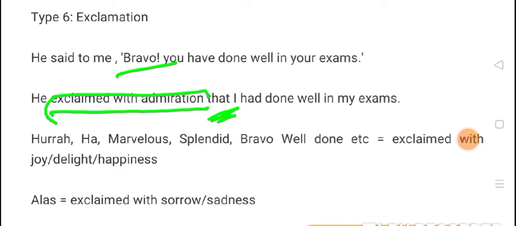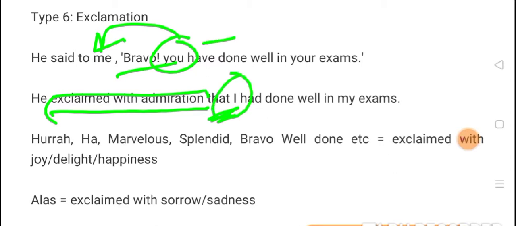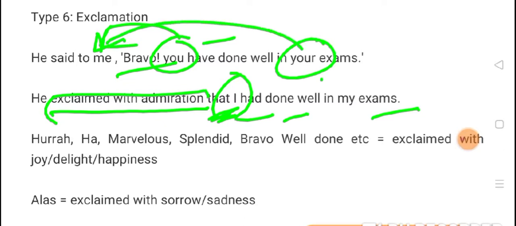So he exclaimed with admiration that I had done well. "You" is second person, and second person will be changed into object. Our object is "me", so "I" will be here, and then "have" has to be changed into "had". So I had done well in my exam. "Your" is second person, so you have to change it into the object, "my" exams.